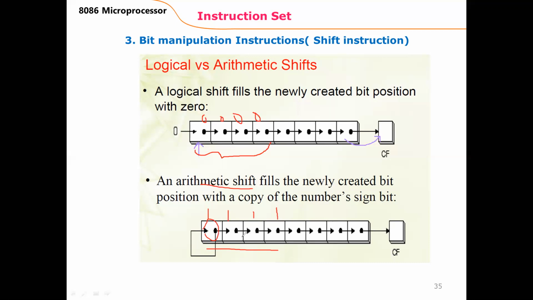If the D7 bit of the source was 0, meaning the MSB of the source was 0, then these 4 bits will be filled by 0 only. This is the difference between arithmetic shift and logical shift. In case of logical, the blank bits will always be filled by 0 only, while in case of arithmetic, all blank bits will be filled by the sign bit. The sign bit is always the MSB of the number. This is the difference.